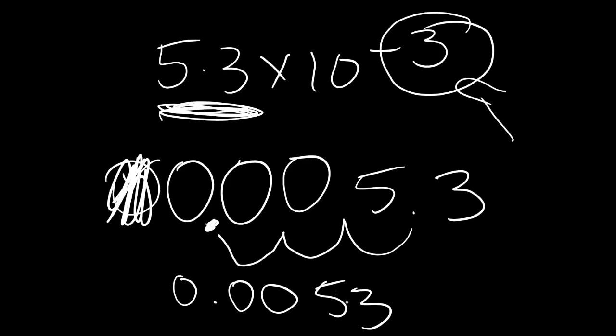In this case, 0.0053 is indeed smaller than 5.3. And also, again, we move the decimal point according to the exponent inside the scientific notation. So we'll do one more example where it is positive.